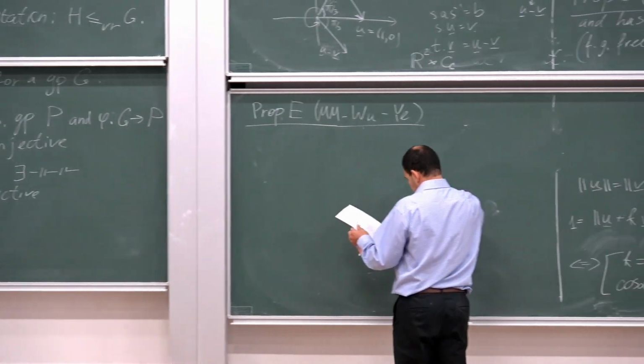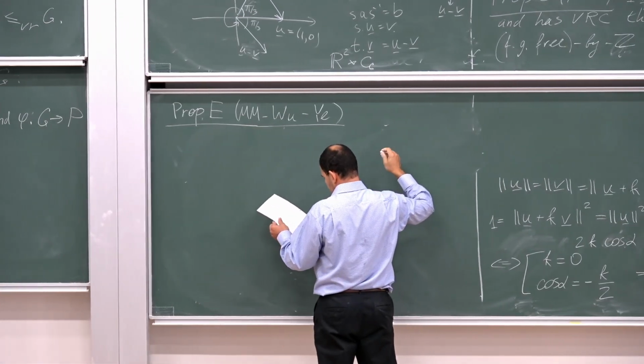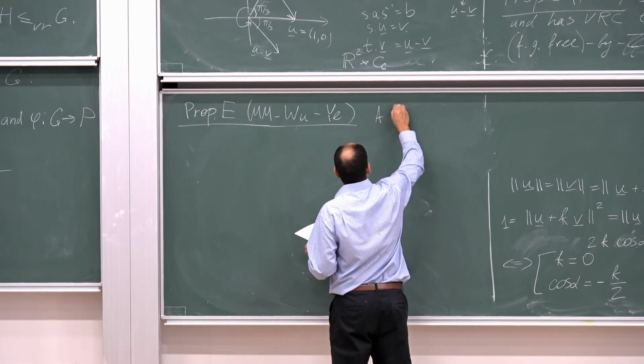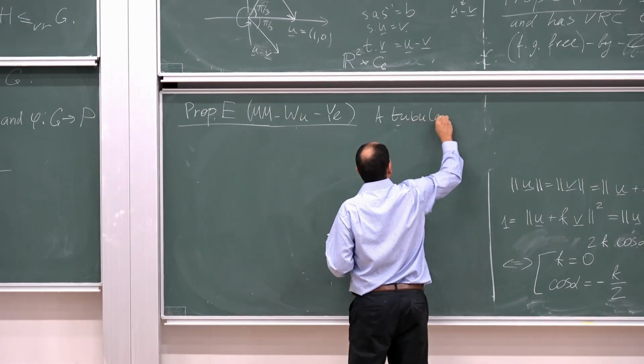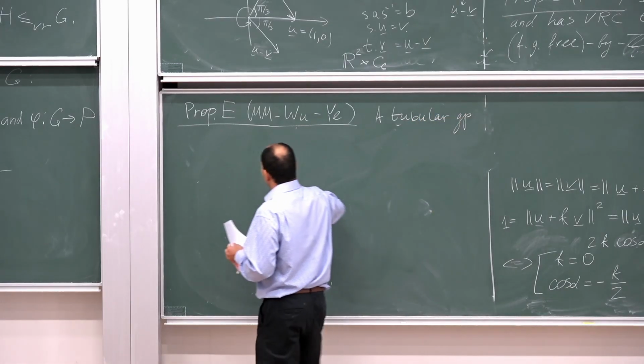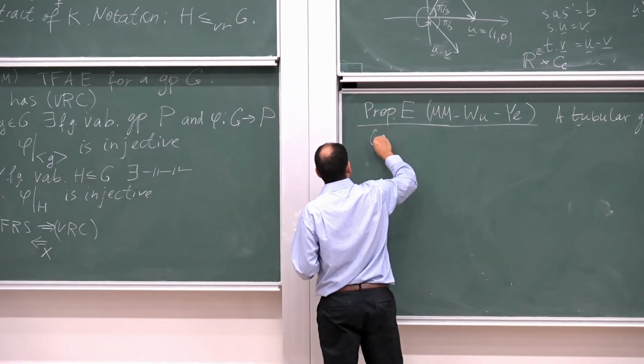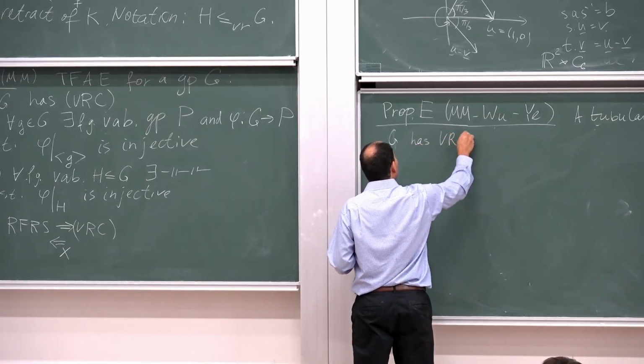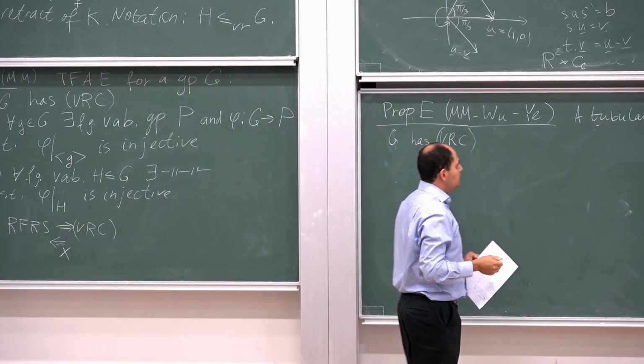And we notice here that a tubular group G has VRC. So VRC is always implied.